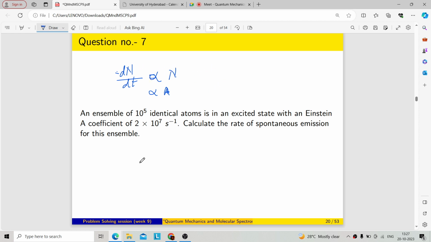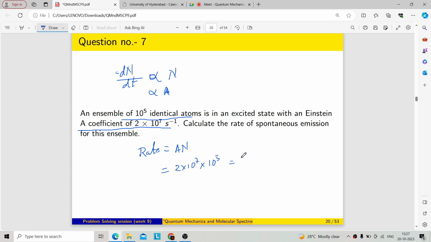So this rate we can write as A times n. Okay. So in that case A is given and n is also given. So what we can do, we will multiply those two. 2 times 10 to the 7, times 10 to the 5.